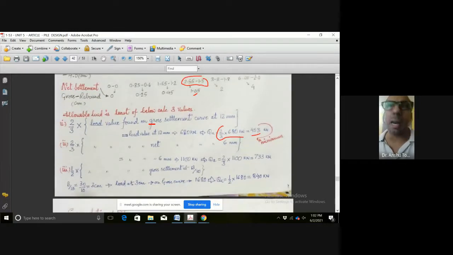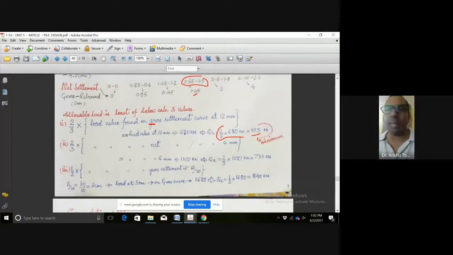Now the second criteria is 2/3 of the net settlement at 6 mm. So the net settlement curve, 6 mm settlement will give us the next load, and 2/3 of that load is going to give me the value of the load number 2.